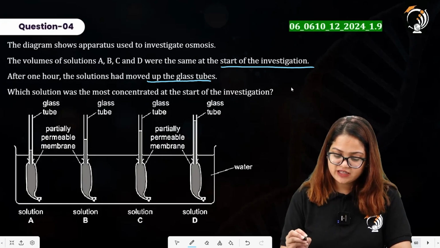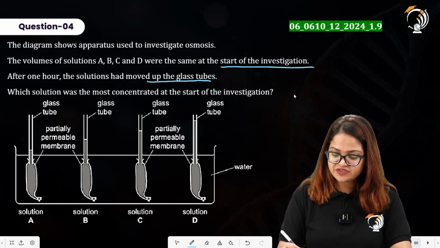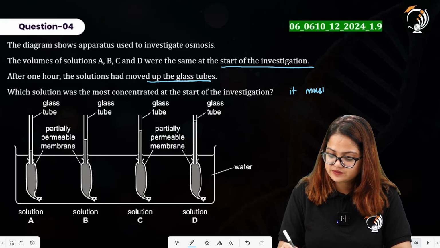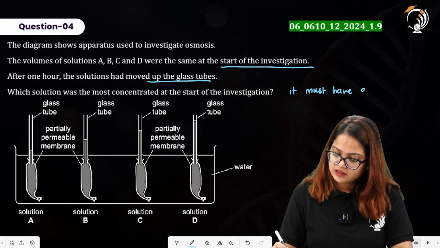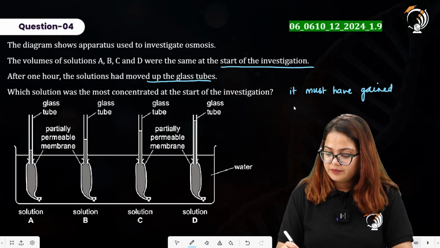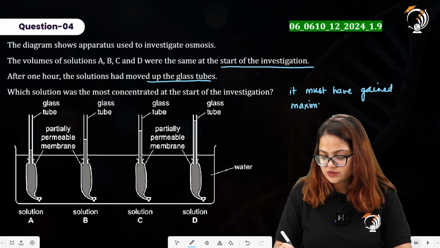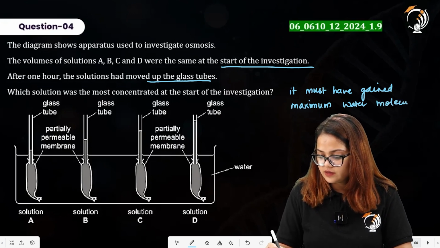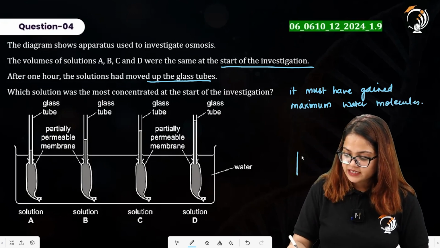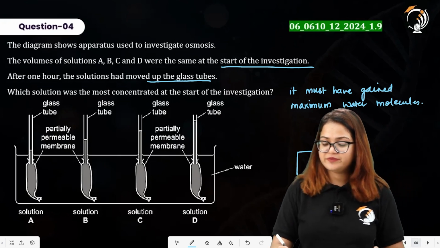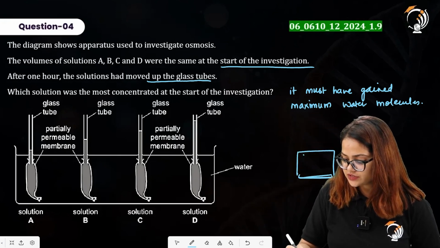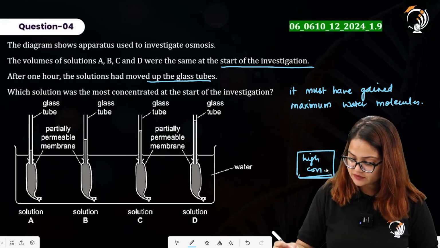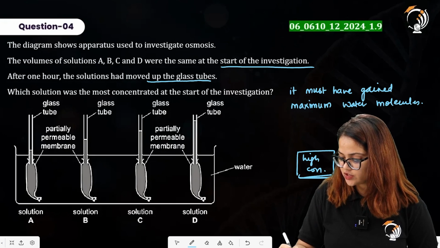To identify the solution that was most concentrated, it must have gained the maximum water molecules. Let us assume that this is the region over here and it has a high concentration of solutes, and outside of this we have a low concentration of solutes.